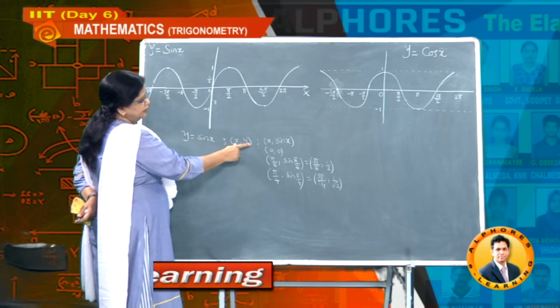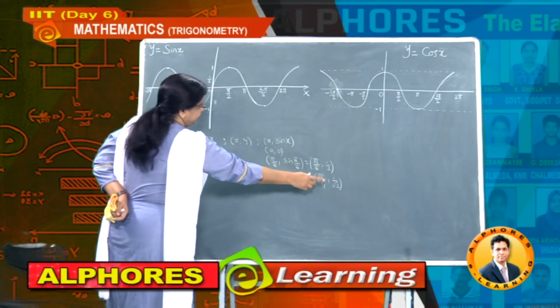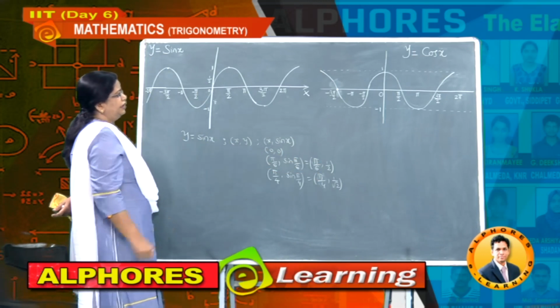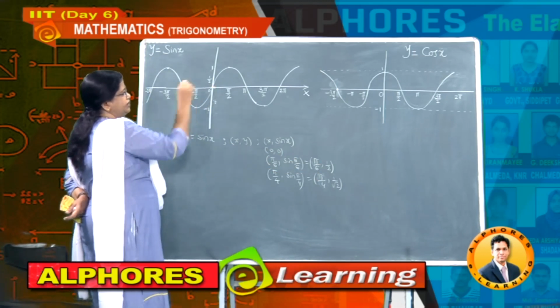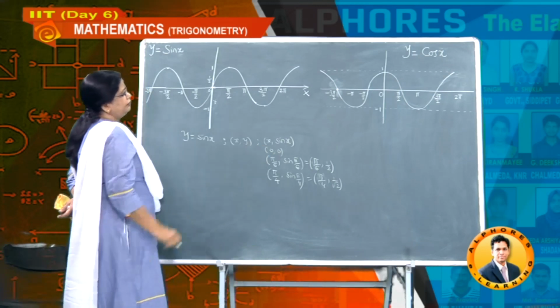Now like this, if you take values 0 with 0, pi by 6 with 1 by 2, pi by 4 with 1 by root 2, and if I start here, this is 0 comma 0, and then pi by 6 comma 1 by 2.